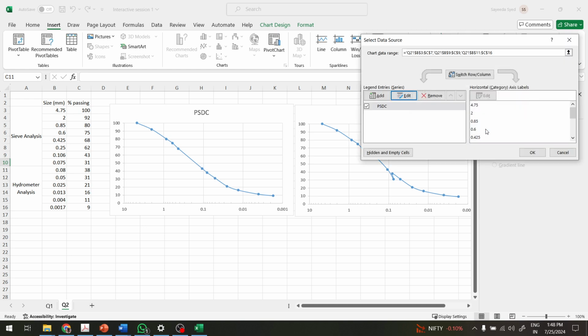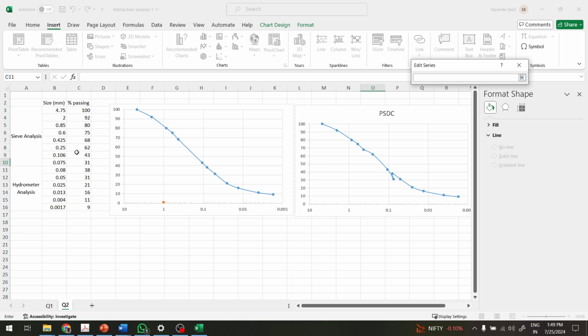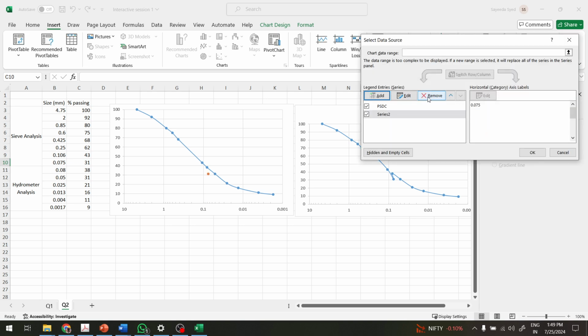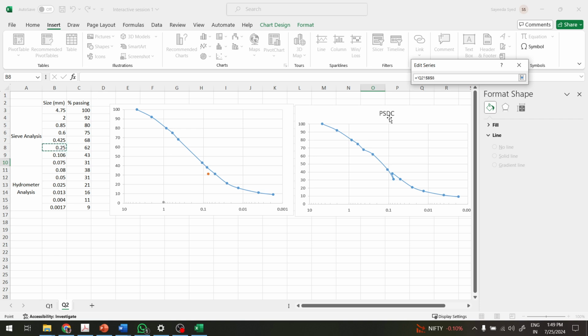But we also want to draw the outliers, so we will add outlier 1, which will be this, and Y will be this. And then there is one more outlier, which is this.